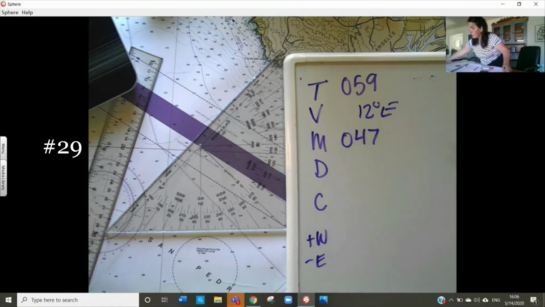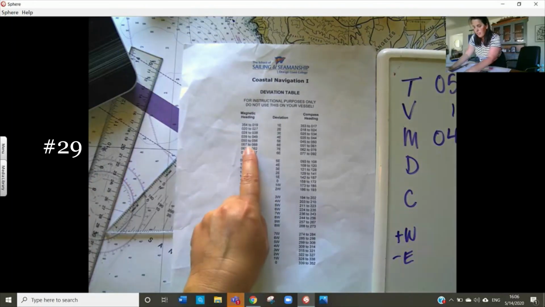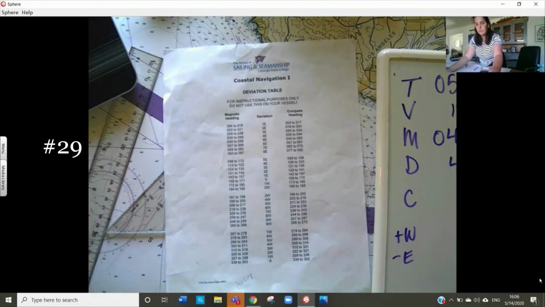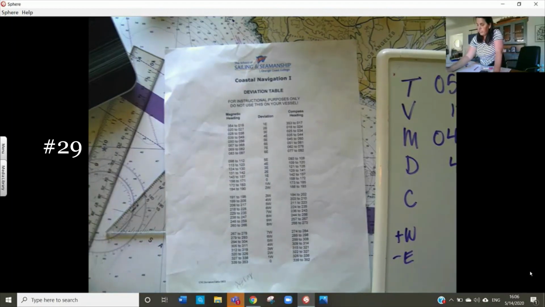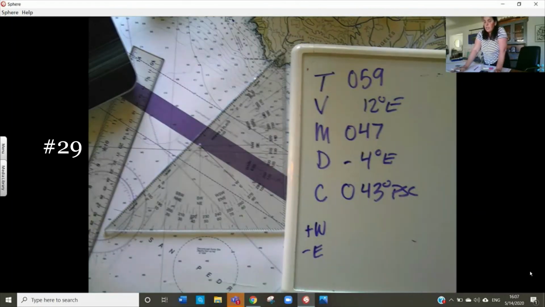I go to my deviation table, and I have a magnetic of 047, and I get a deviation of 4 degrees east. And with 4 degrees east, I'm going to be subtracting that again, and I get a compass course of 043 degrees PSC. So that is my course, my new course, directly to buoy 3.